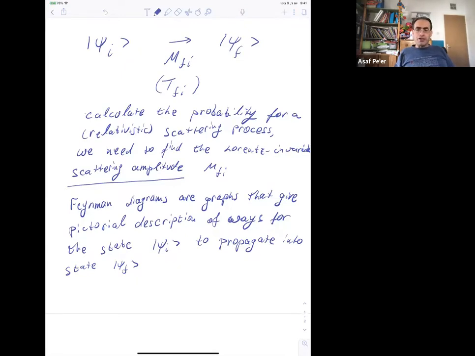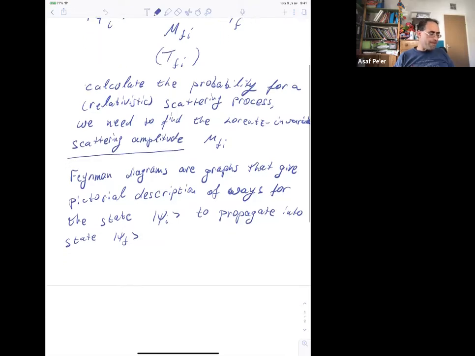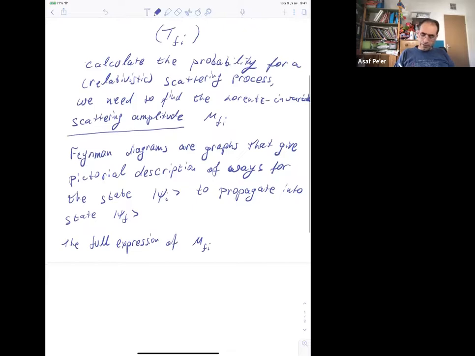Now, the full expression for this scattering amplitude is obtained using perturbation theory. Each diagram represents a contribution to the scattering amplitude, which essentially is translated into a complex number. So the full expression of M or MFI is obtained using perturbation theory.